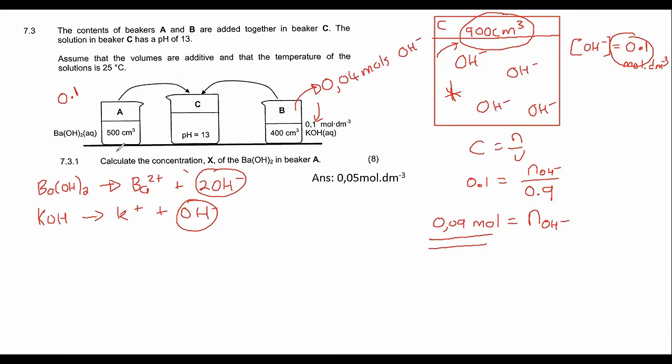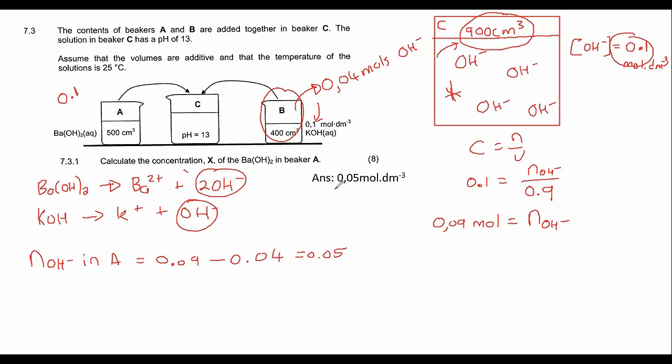So then we poured them together, and the total OH minus moles is 0.09. So what we can now do is work out the moles of OH minus in this container over here. So we can say the number of moles of OH minus in beaker A would be equal to 0.09 minus 0.04. And that gives 0.05.